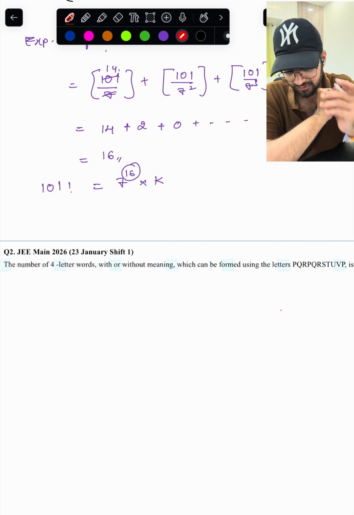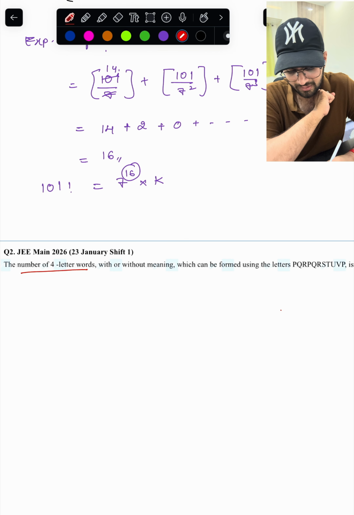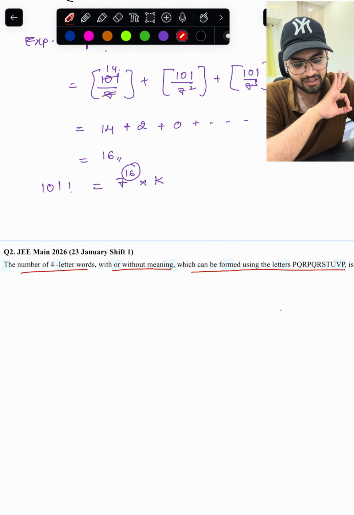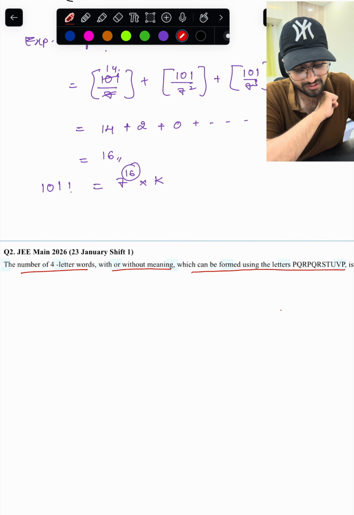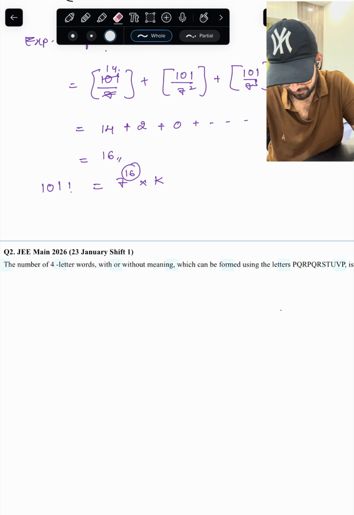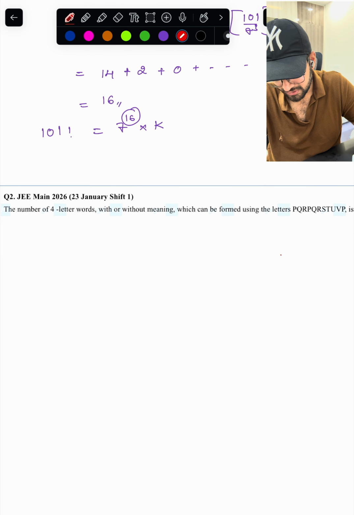So read the question here. The number of 4-letter words, with or without meaning, which can be formed using the letters of the word PQRSTUVP... the word given is PQRPQRSTUVP. Very straight question.